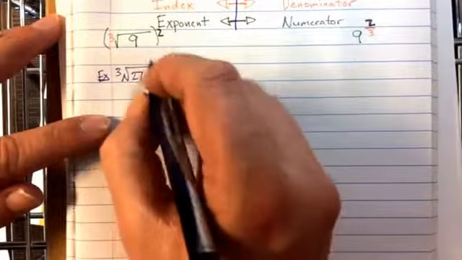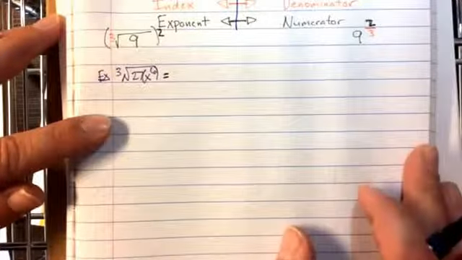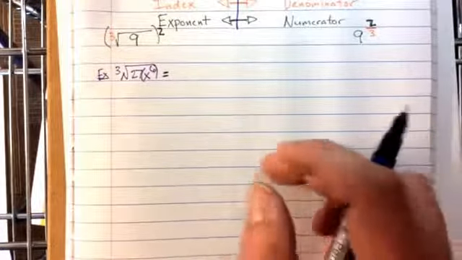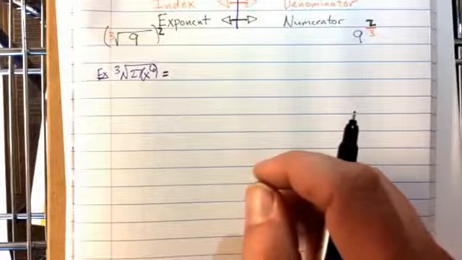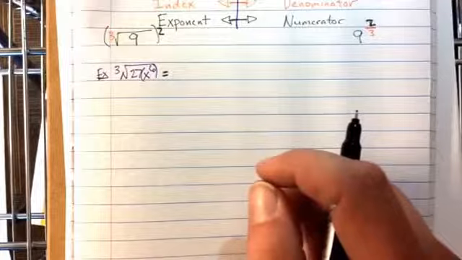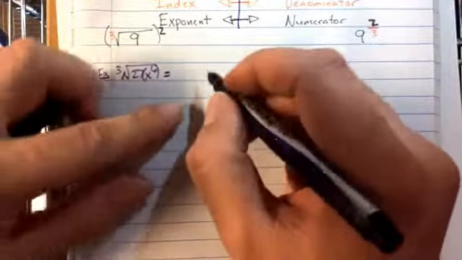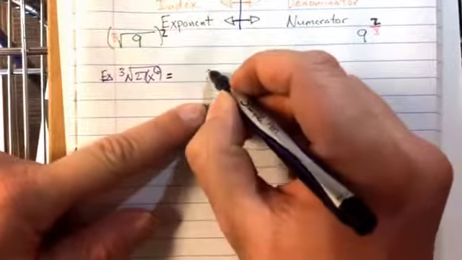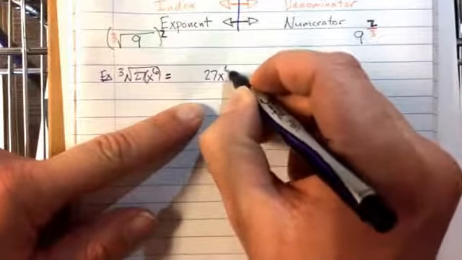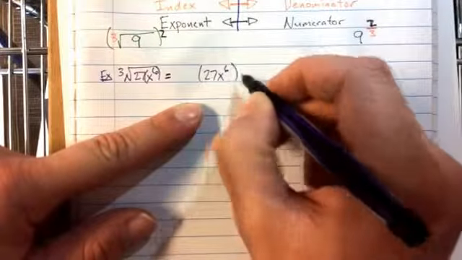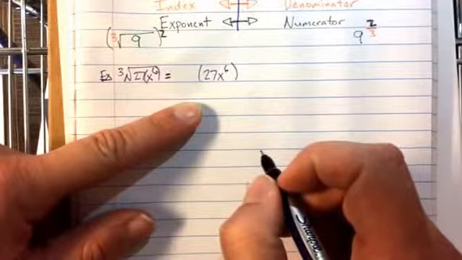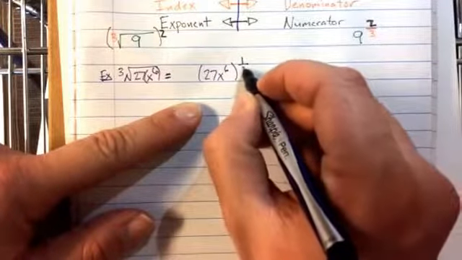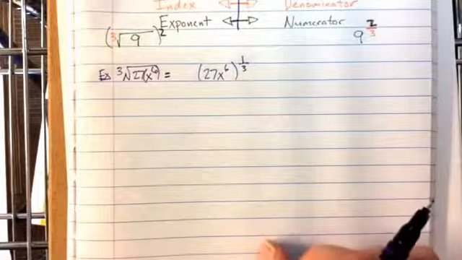The 6 is just with the x. Angelina? So we have 27x to the 6th to the 1/3 power.